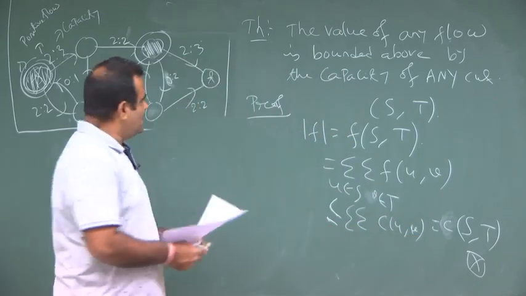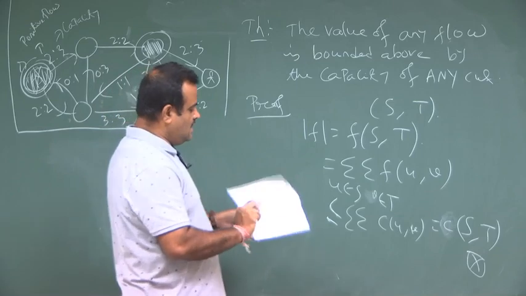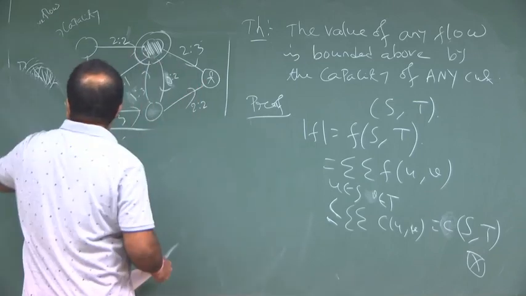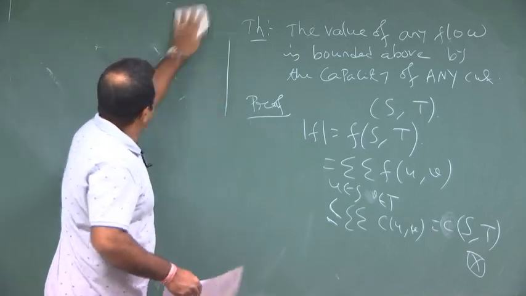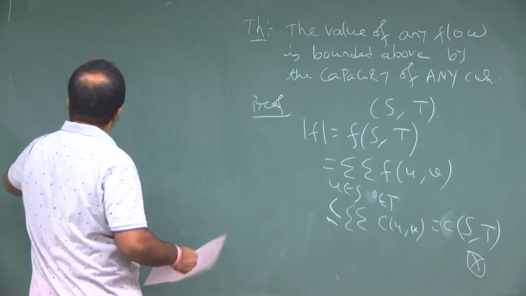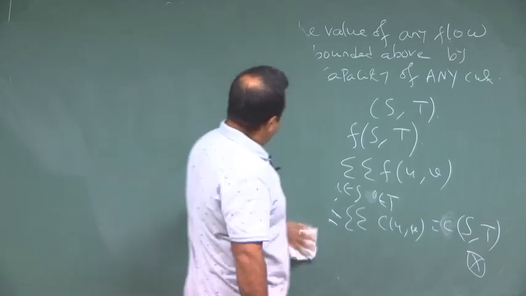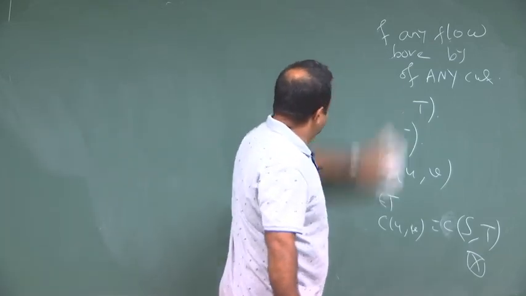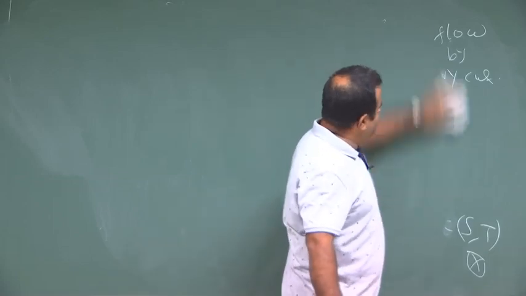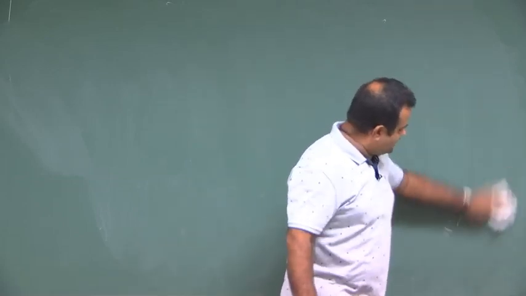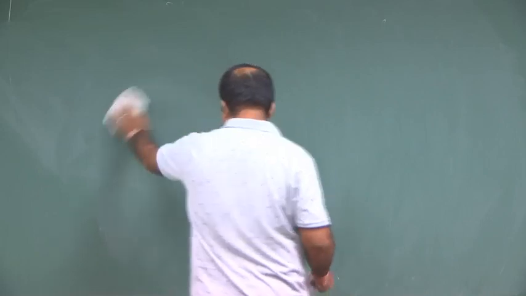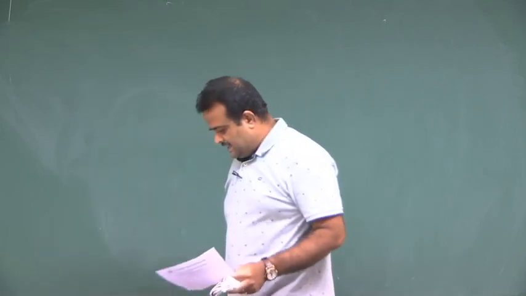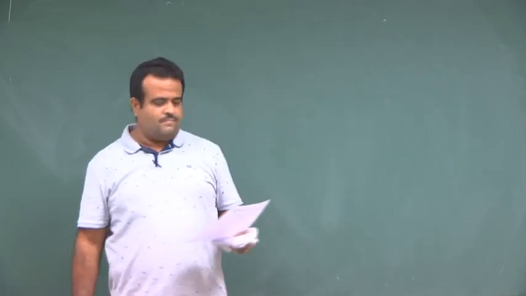Now we define another concept which is called the residual network, and that will give us one algorithm to find the max flow. This is the last concept, and then we will talk about augmenting path.